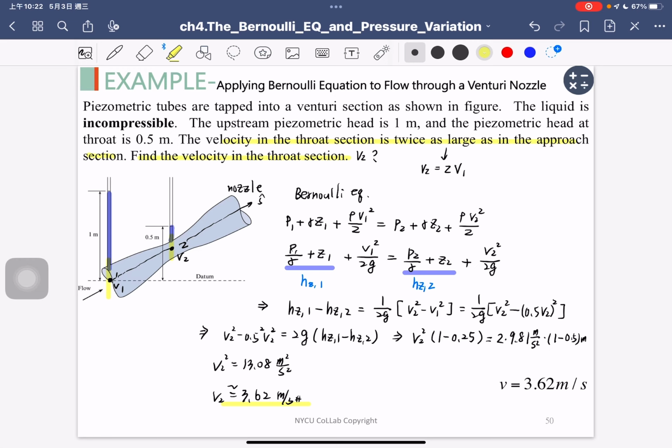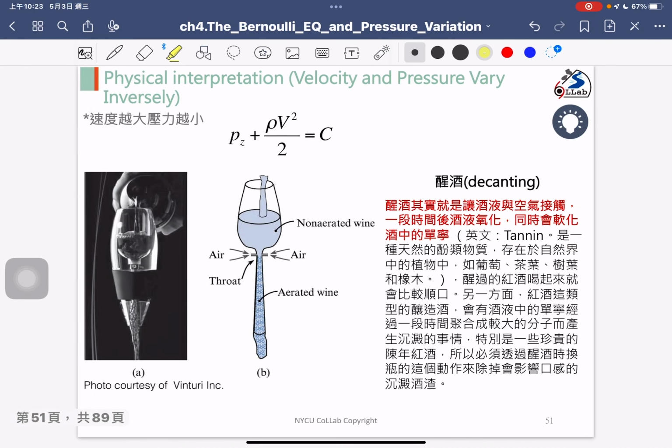And when you apply the Bernoulli equation, you should consider that any two points you pick are located on the same streamline. If the points are located on different streamlines, you cannot satisfy the Bernoulli equation. Okay? So that's one of the very famous applications.